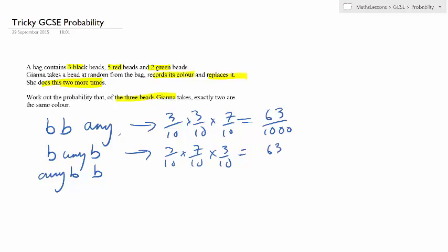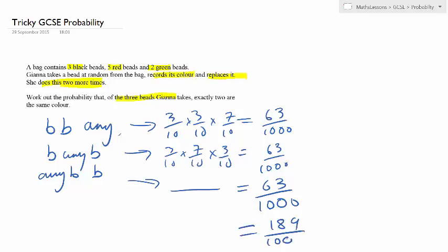This will be 63 over 1,000. And any, black, black would also give us 63 over 1,000. So we've effectively got 3 times 63 over 1,000, which gives us a total of 189 out of 1,000. So that's just the black, black, any.